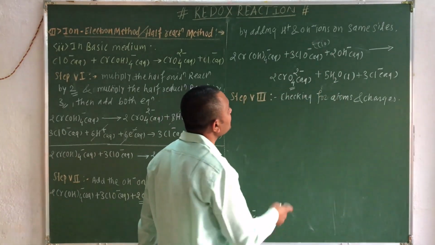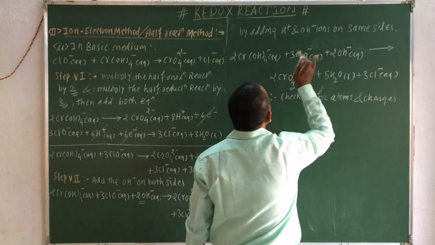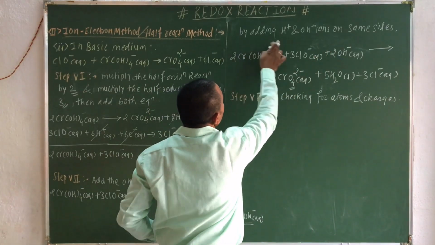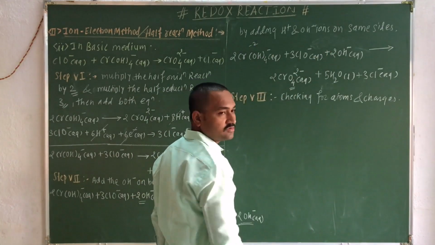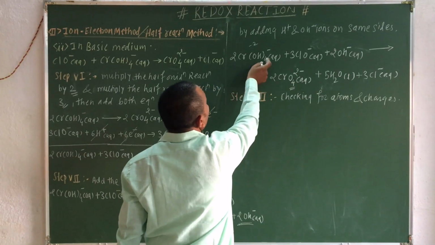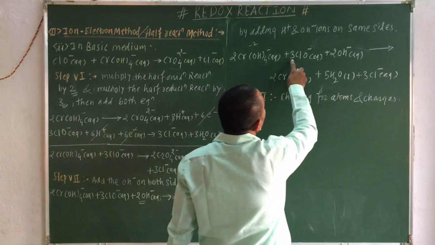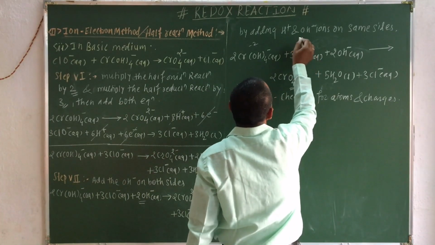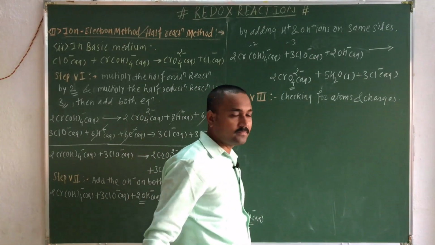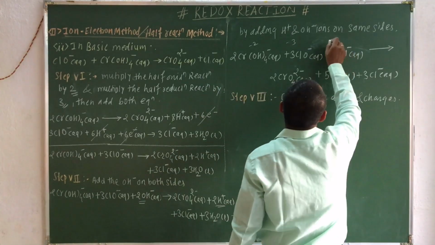Now let us consider the charges. It is very simple again. For 1 Cr(OH)4⁻ there will be a -1 charge, therefore 2 will have a -2 charge. 3 into ClO⁻, so there will be a -3 charge, and then the -2 charge from the hydroxide.